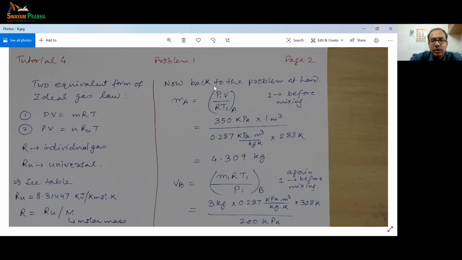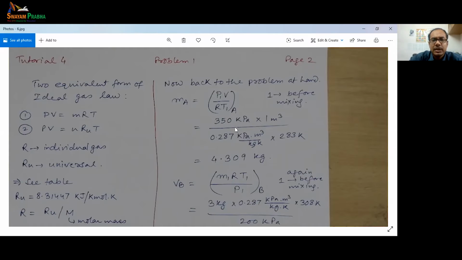So that's why we want to know the mass of that unmixed air in tank A. So P1V divided by R times T1 for tank A. All these values are given. This is 350 kPa and 1 cubic meter volume, and the gas constant we have found from the table, that is 0.2870 kJ/kg·K. This kilojoule you can also write as kilopascal times cubic meter. You can check this up. Those are equivalent units: kilojoule is equivalent to kilopascal meter cube.